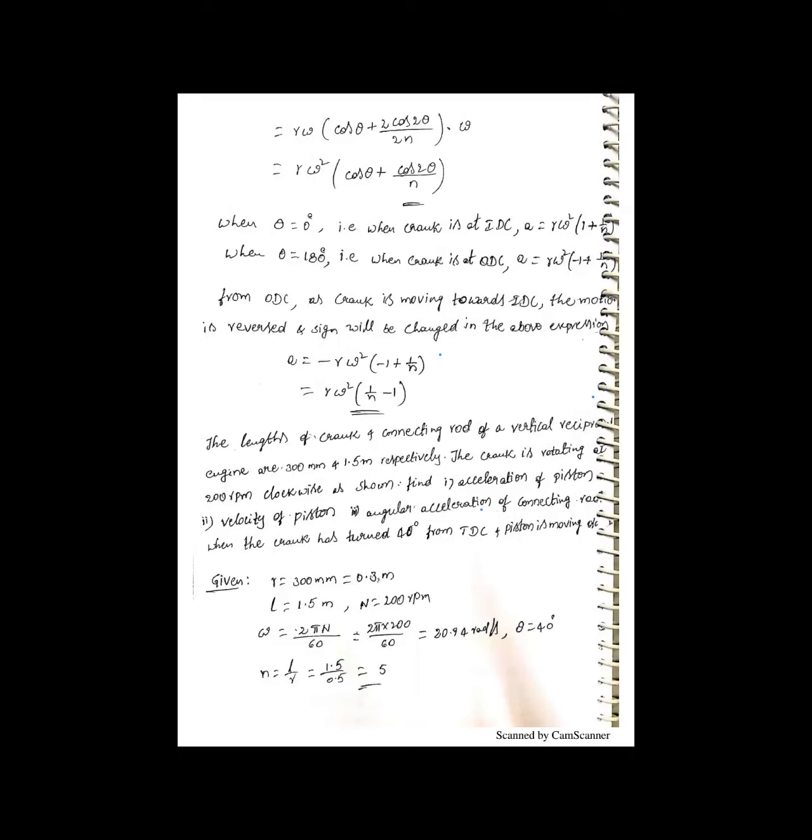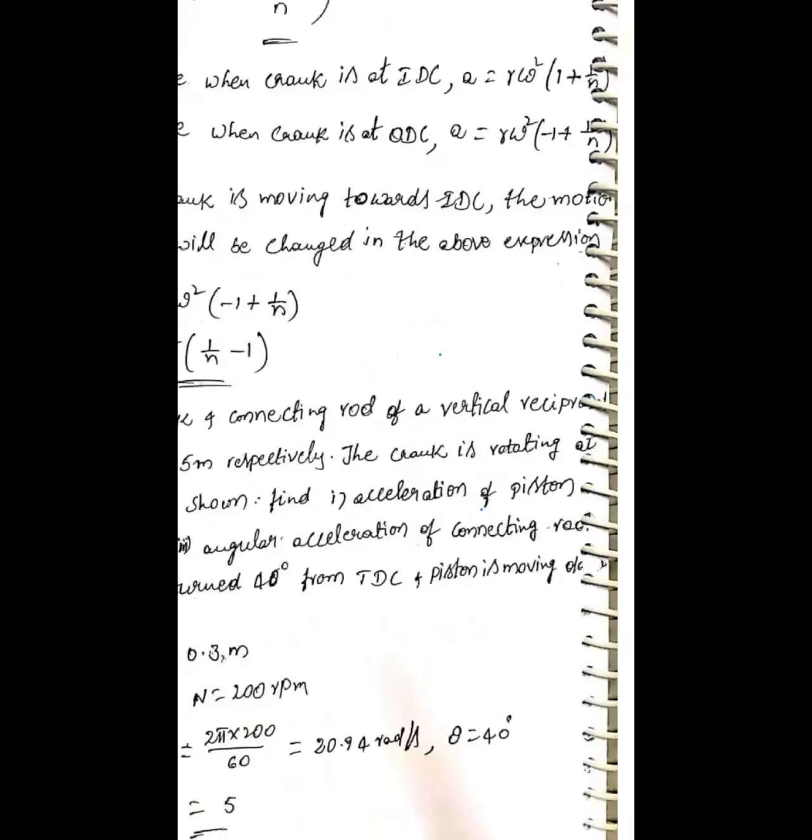Find the acceleration of the piston, the velocity of the piston, and the angular acceleration of the connecting rod when the crank has turned 40 degrees from TDC and the piston is moving outwards.